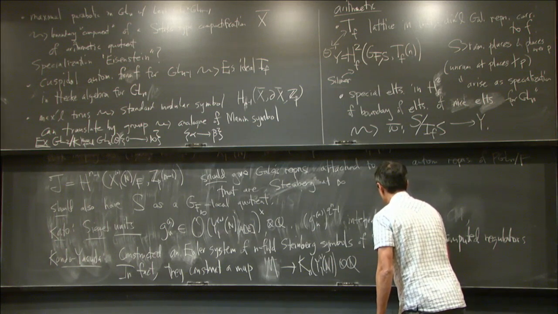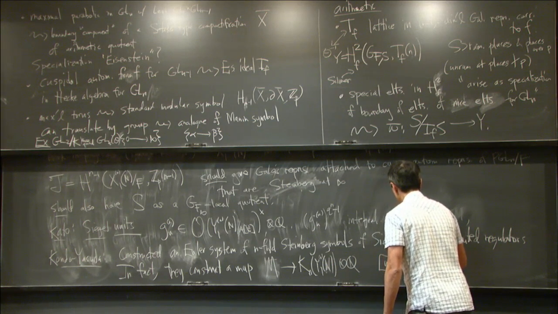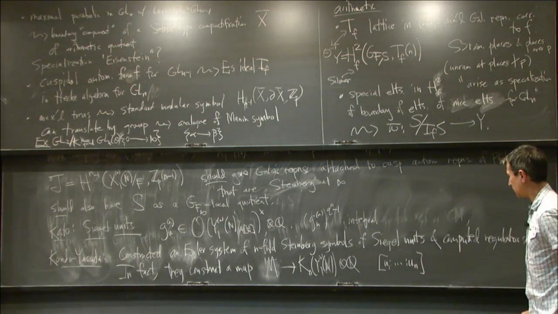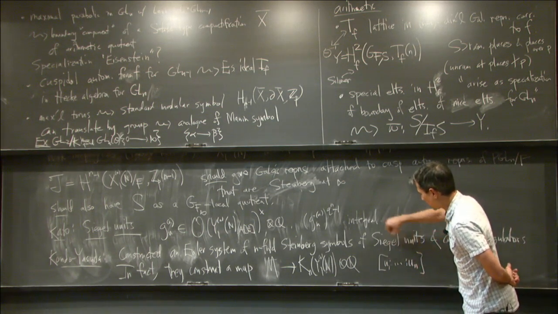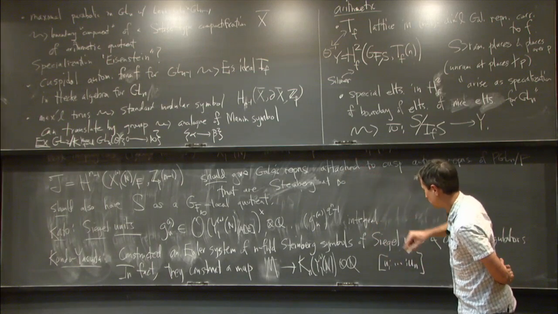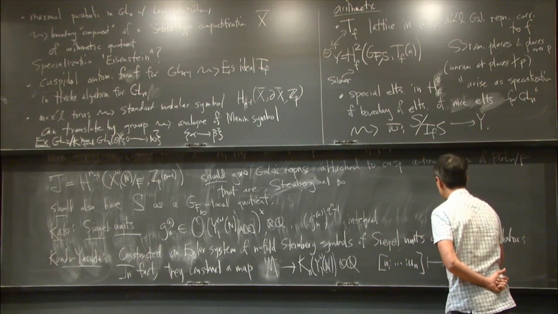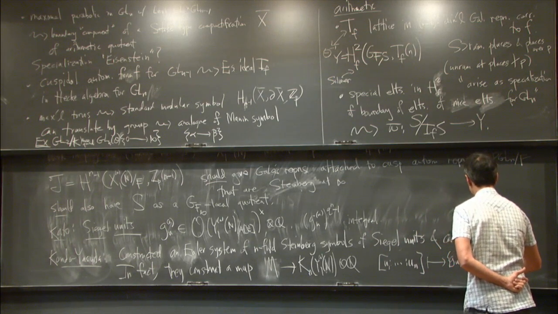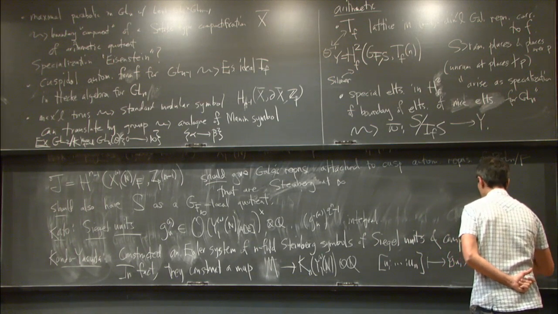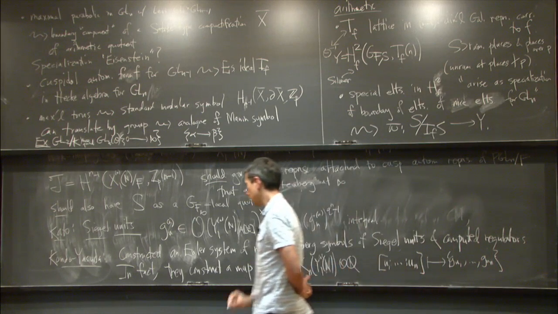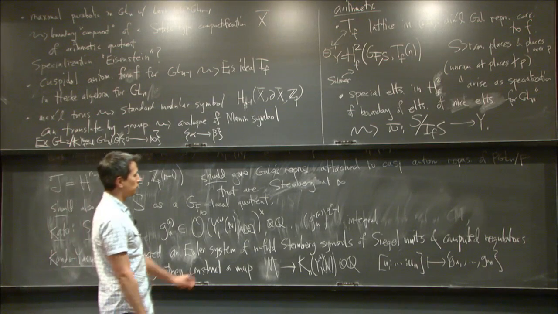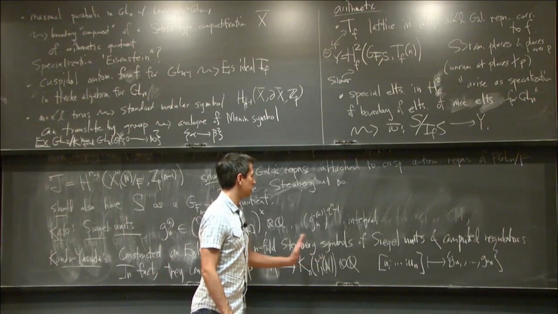You would have an n-tuple, which gives you a symbol given by translating the standard modular symbol by the appropriate matrix, and this goes to GU of N. So they really already construct the Kato type map.